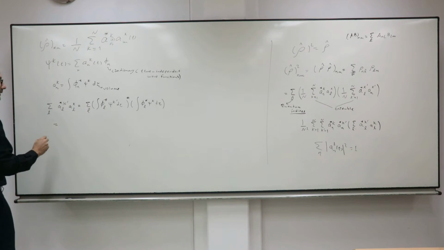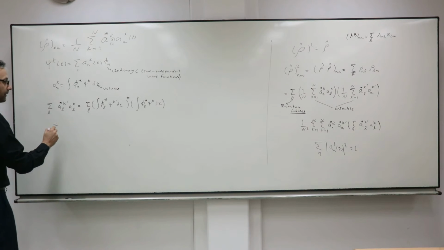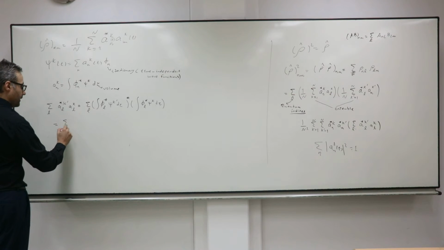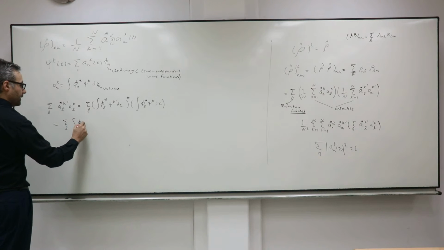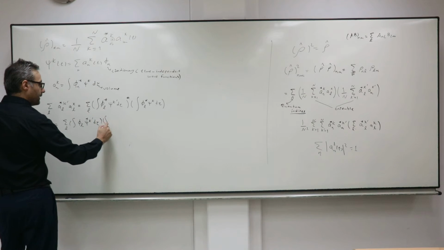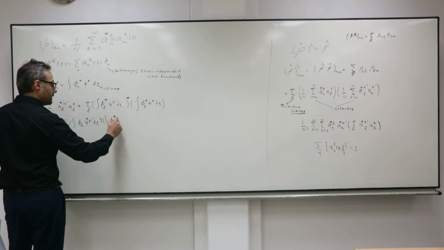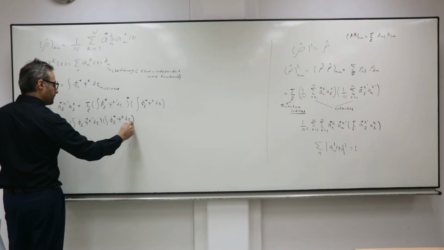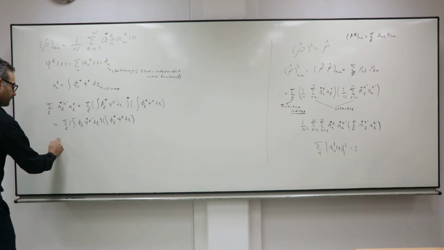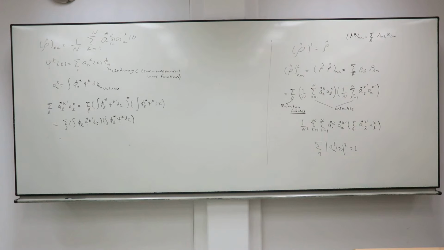Let me simplify that a little more. Sum over L, integral of phi_L psi_k star d tau prime, times the integral of phi_L star psi_k d tau. And the volumes are different also.